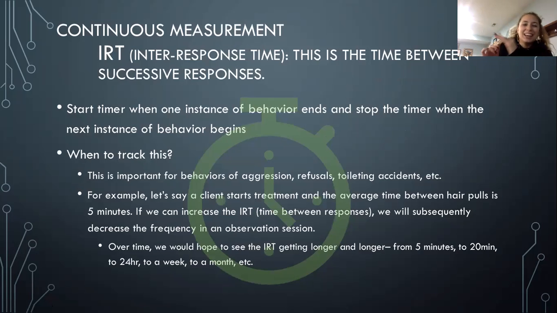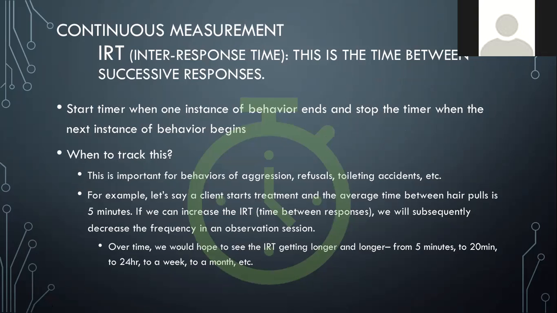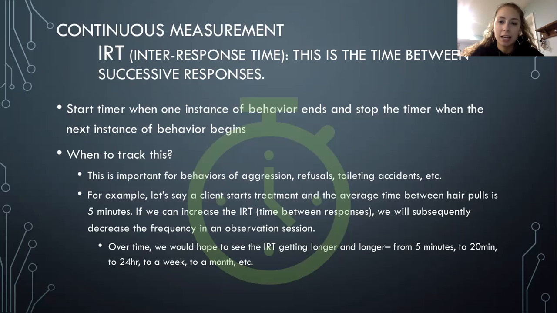Thanks, Shirley. The next measurement is IRT. This is inter-response time. So this is just the time between responses. For example, a clinician might want to measure the time between aggressions. Let's say a kiddo starts treatment, he just started ABA, and the time between successive hair pulls is like 5 seconds.